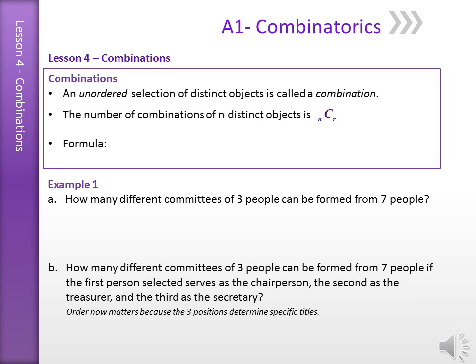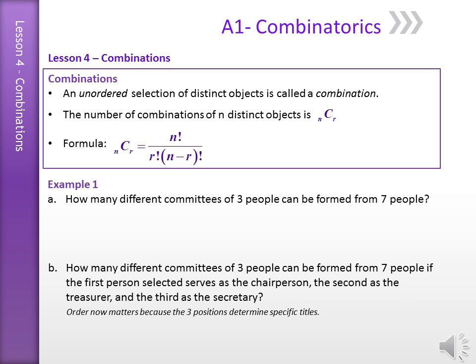Some like to say n combine r, or we can also say n choose r. The formula is n choose r equals n factorial divided by r factorial times n minus r factorial. Remember, there is also a button on your calculator that can do this for you.